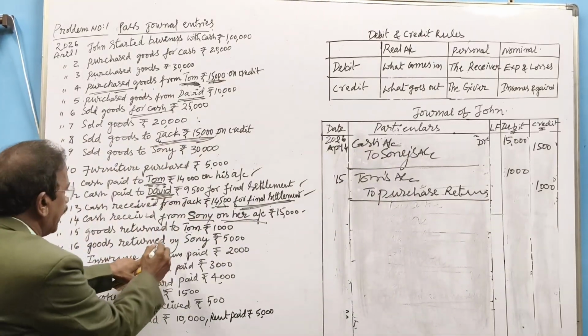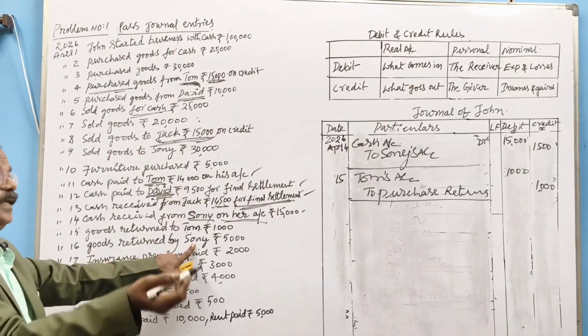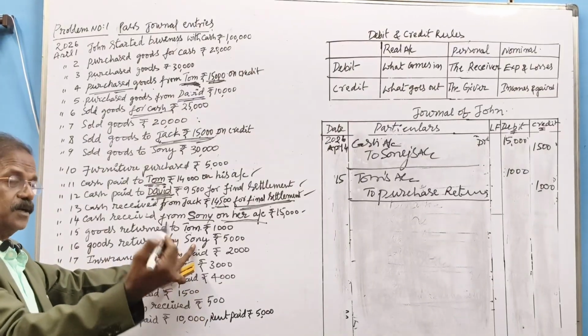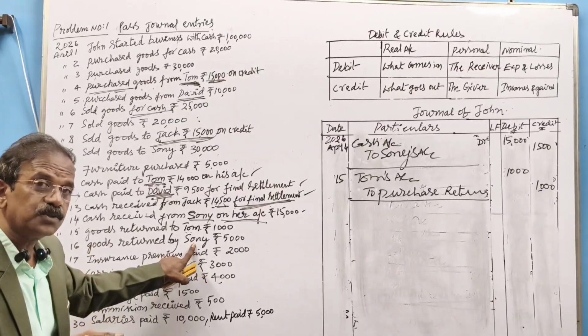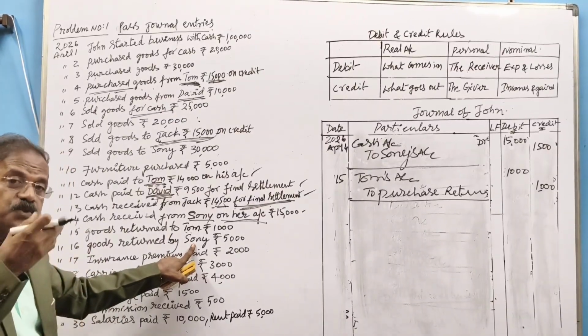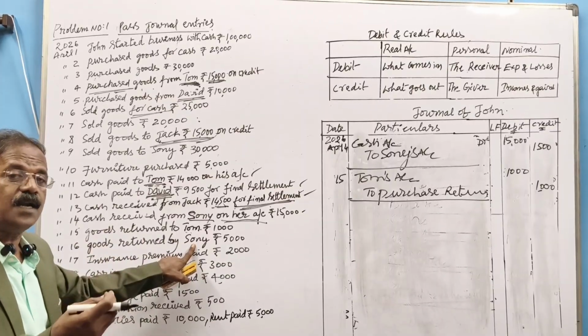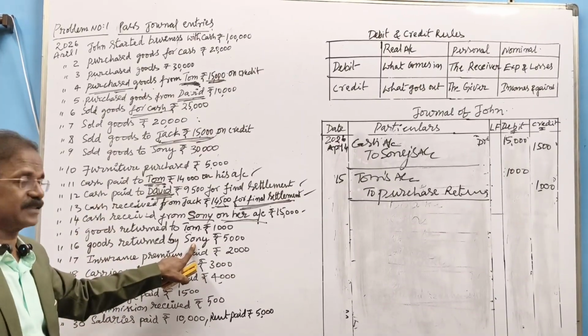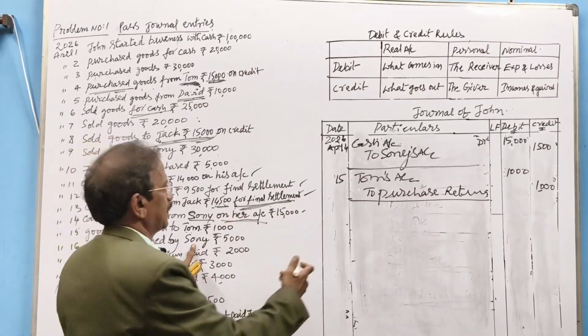Goods returned by Sony. Sony is returning goods to us. We are receiving goods. What goods are those? The goods which we sold to Sony previously. So those goods are called sales returns. We are receiving sales returns.